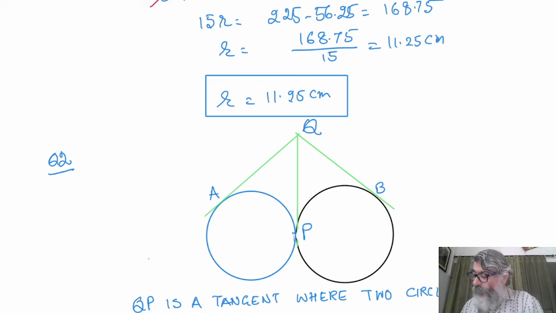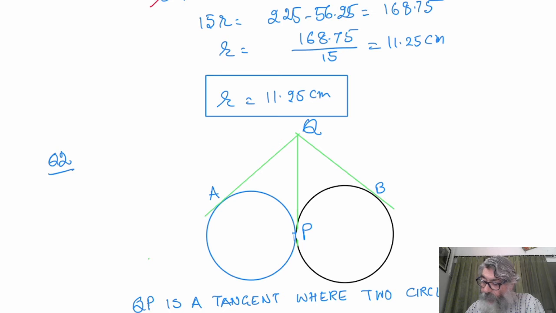Instead of writing so long, I said that this is a common tangent. Common tangent means P is a common point. P is a point of touching for both the circles. So P is a common point. At P, a straight line is drawn, PQ. So PQ is a common tangent.